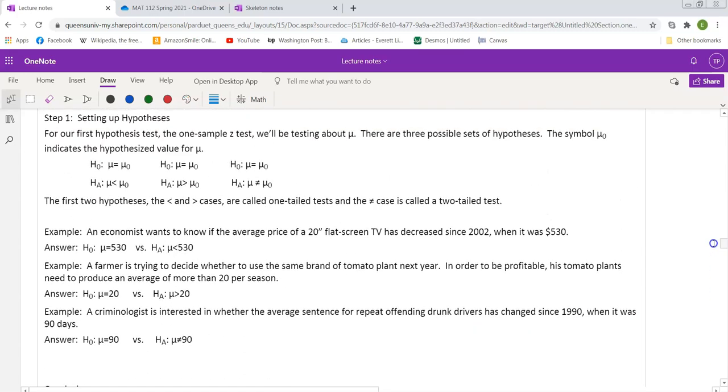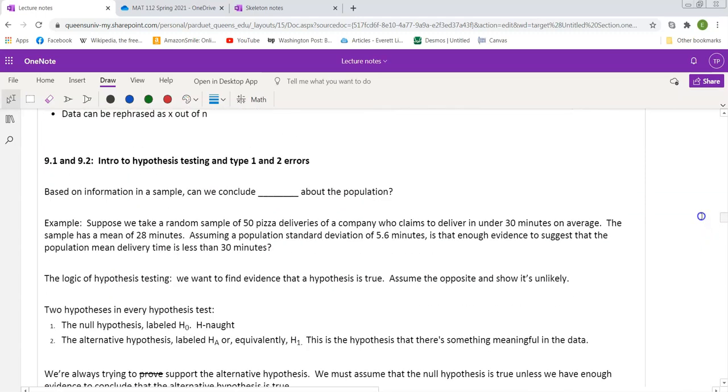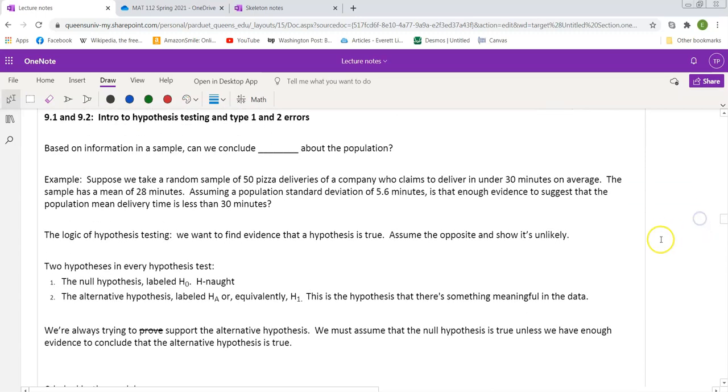We said the logic of hypothesis testing is that we want to find evidence that a hypothesis is true. This would be the alternative hypothesis. So we're going to assume the opposite. We're going to assume the null hypothesis and show that the null hypothesis is unlikely.